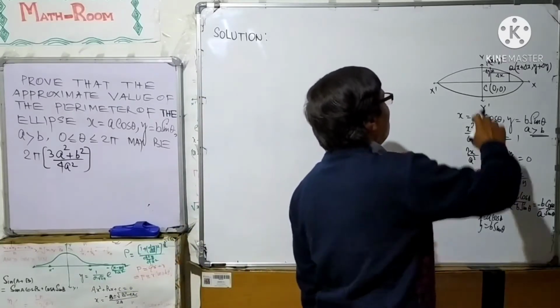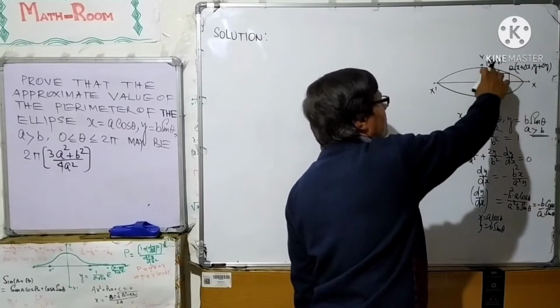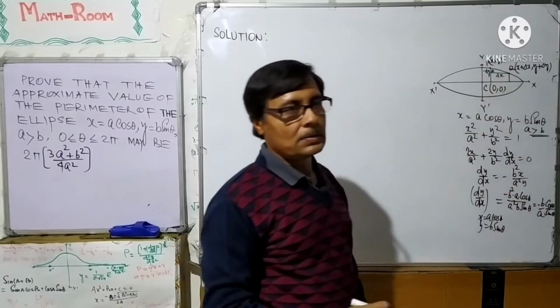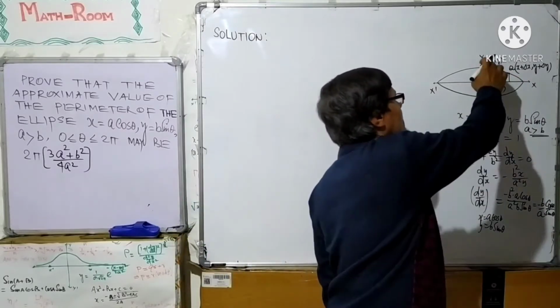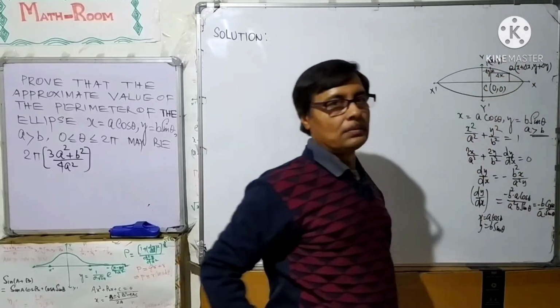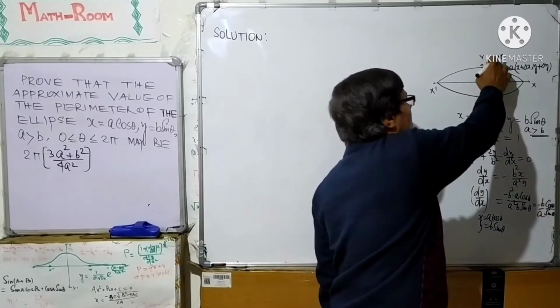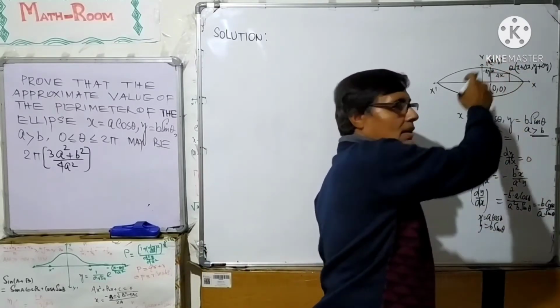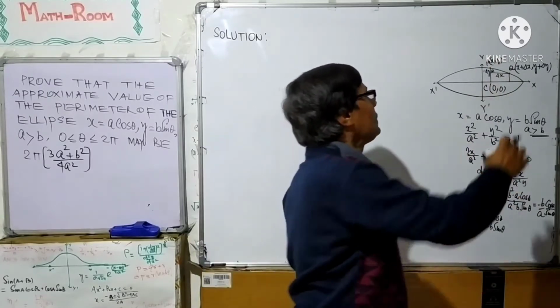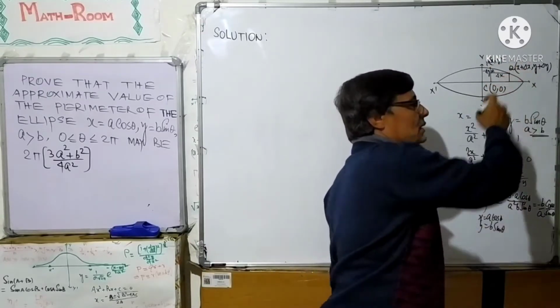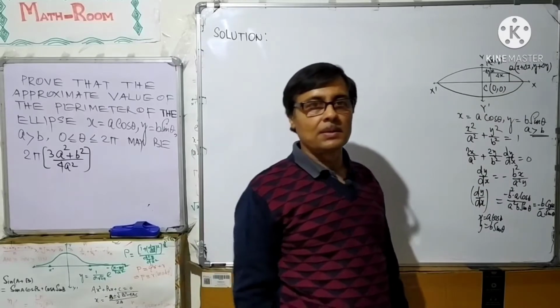Here on the curve of the ellipse, we have taken 2 neighboring points. One is P and the other is Q, and the coordinate of P is taken as x, y, and the coordinate of Q is taken as x plus del x, y plus del y.